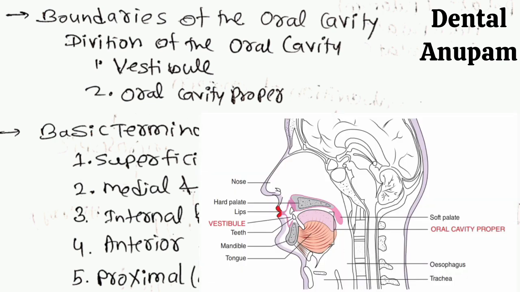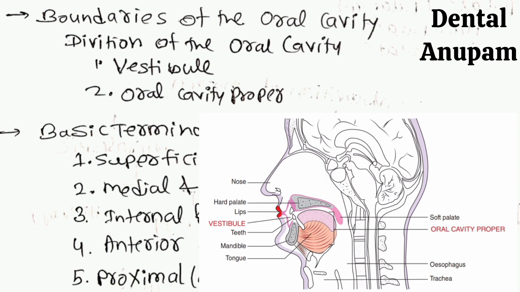Boundary of the oral cavity. What is the boundary of the oral cavity? The extent of the oral cavity is demarcated by the following landmarks: superiorly, hard and soft palate; inferiorly, the tongue and floor of the mouth.